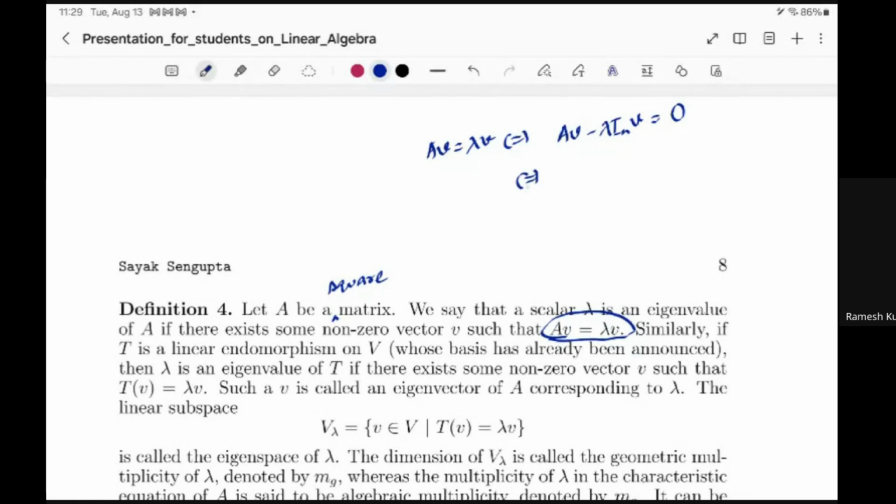Now you can take V as a common factor, because this is just a column vector. So when I say non-zero vector, I mean a column vector of dimension n by 1. And then you get something like this.